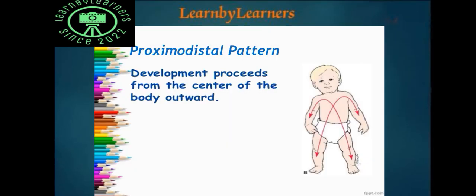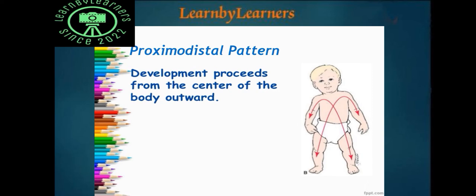All right. Now there's another pattern where development proceeds from center to outwards. As you can see in the picture, first his stomach or heart will develop, and then the hands and the legs, and so on. So that is what is known as the proximodistal pattern, right?